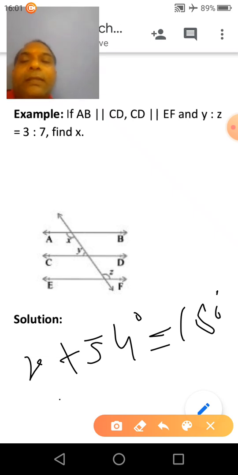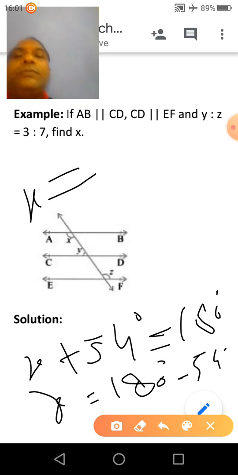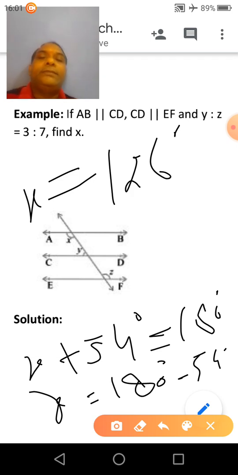Clear? So X will be equal to 180 degrees minus 54 degrees, which is equal to 126 degrees. Clear? So X is equal to 126 degrees is the answer. Clear, students?